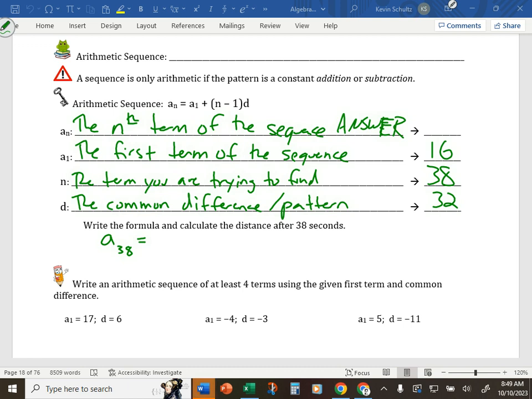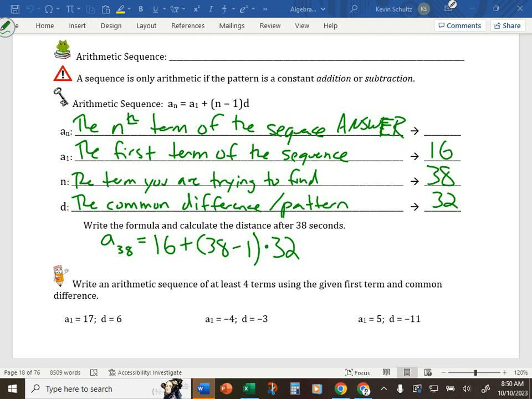The 38th term is equal to our first term, A1, which is 16, plus, in parentheses, n, the 38th term, the one we wanted to find, minus 1, times 32.